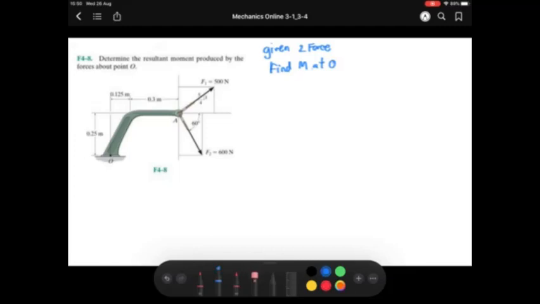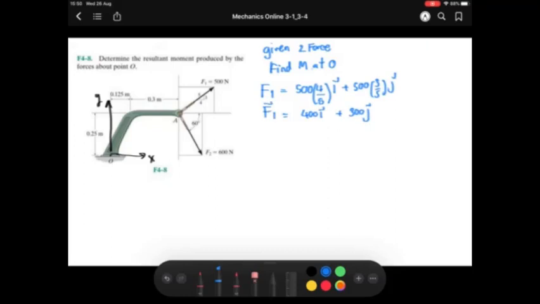Let's see the first one here. Force number 1 can be defined as 500 times 4/5 of i, plus 500 times 3/5 of j, in our coordinates x and y. That is 400i plus 300j. This is force 1.